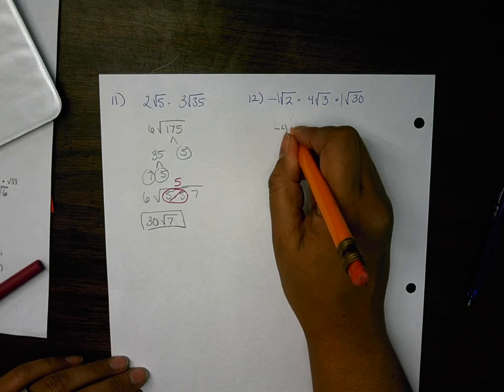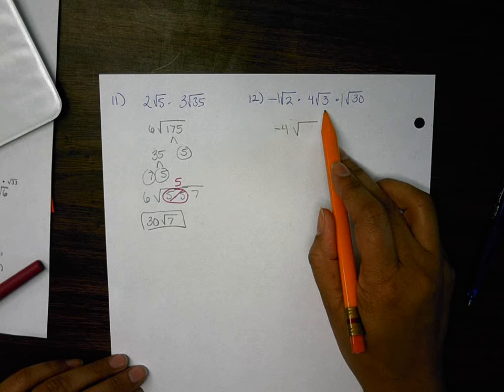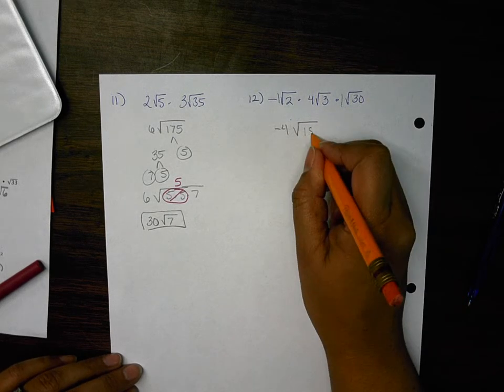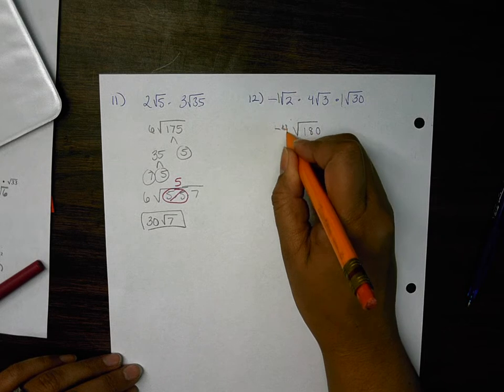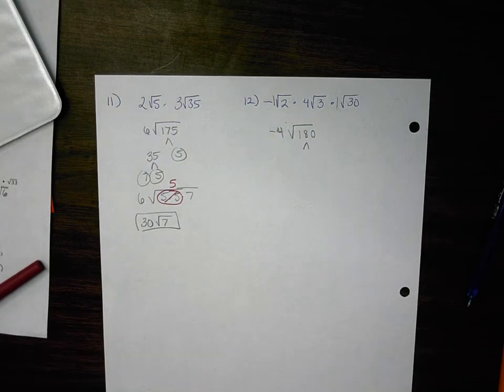Times the square root of 2 times 3 times 30. 180. And what are you going to break down? The negative 4 or the 180? The 180. Go ahead and do that now. Use 10 and 18. Or 90 and 2. There's other possibilities.